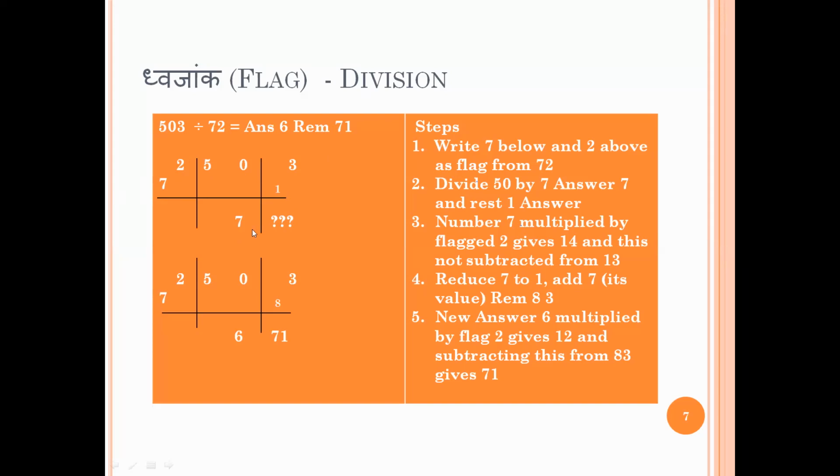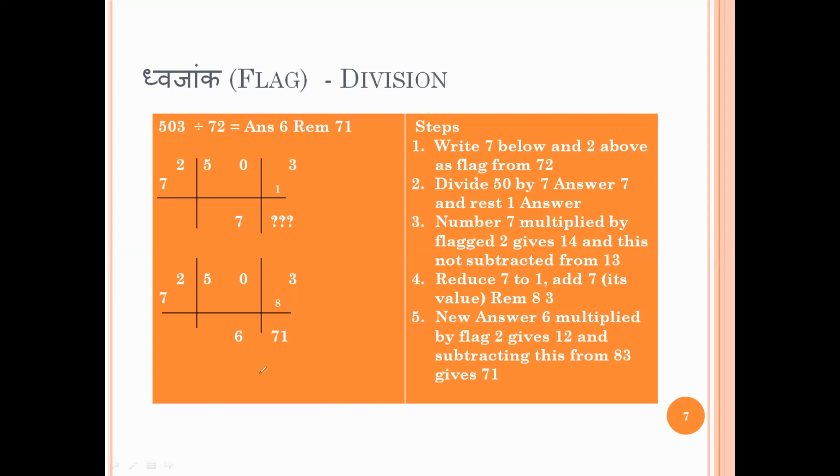That is not possible to get the correct remainder. So what I need to do is reduce my division by 1. I reduce 7 by 1, make it 6. Then the value of that 1 is nothing but a 7. So I add that 7 to this 1. 7 plus 1 is 8.